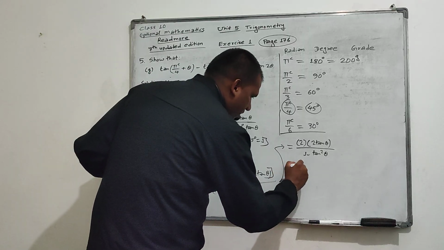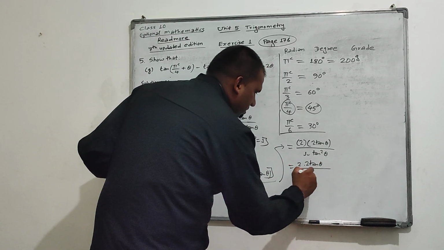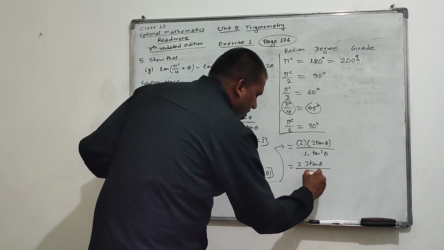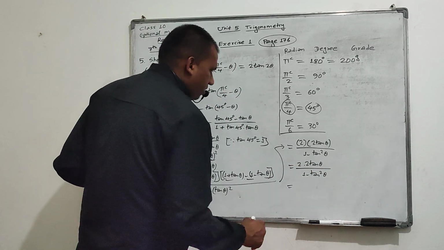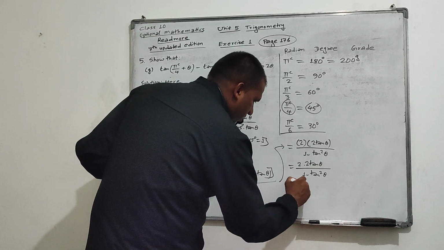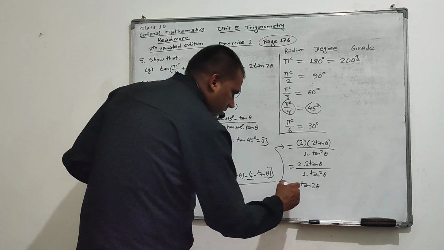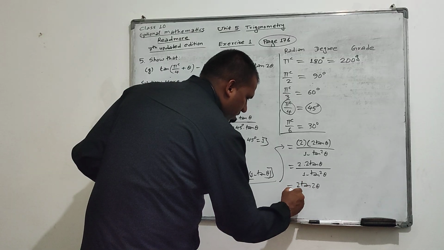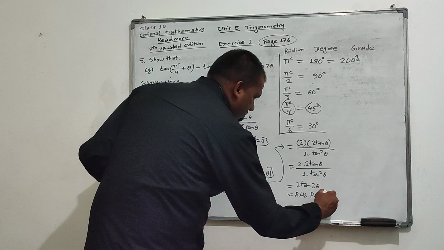This equals 2 times 2 tan theta upon 1 minus tan square theta. 2 tan upon 1 minus tan square, that is further tan 2 theta. So 2 times tan 2 theta equals RHS. So it is proved.